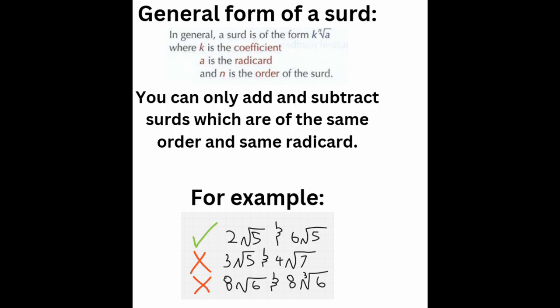You need to know the general form of a surd because you can only add and subtract surds which are of the same order and radicand. You can add the first example shown because they are of the same order and radicand, but for the second one you cannot add them because they are of a different radicand. For the third, you would not be able to add them because they are of a different order.